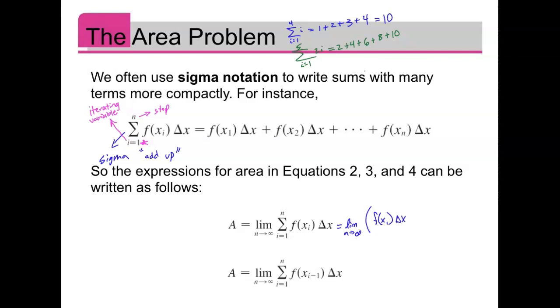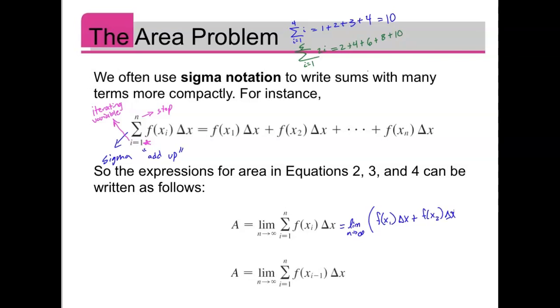And then I would iterate, plus, plug in 2, f of x2 delta x. And then we would continue on, and we would stop at n. So my last term would be f of x_n delta x.